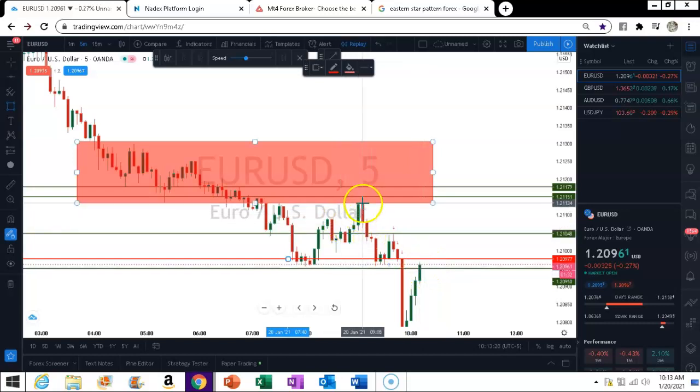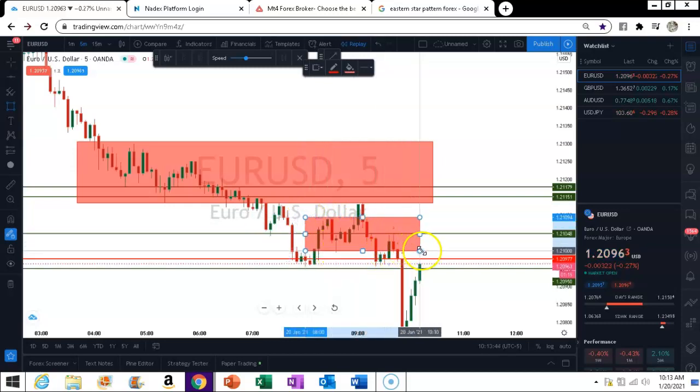So we are here at this point, and it does some ranging right here. So I'm going to take this high, this candle, this red engulfing candle, and I'm going to go all the way to the low.